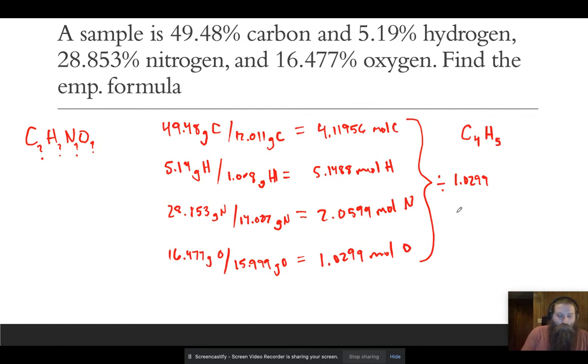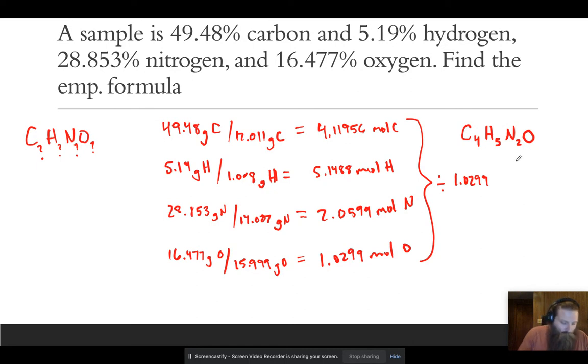For nitrogen, we have 2 divided by 1.02 there. 2.000. Nitrogen is 2. All right. And oxygen is 1.